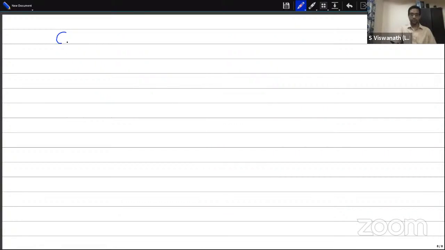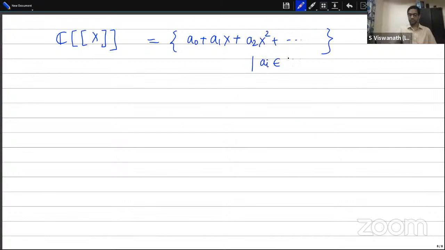So let's go back to our power series ring C[[x]]. Okay, so what is this power series ring? This is just formal infinite power series whose coefficients are complex numbers, and on which multiplication is defined the way I just defined it.